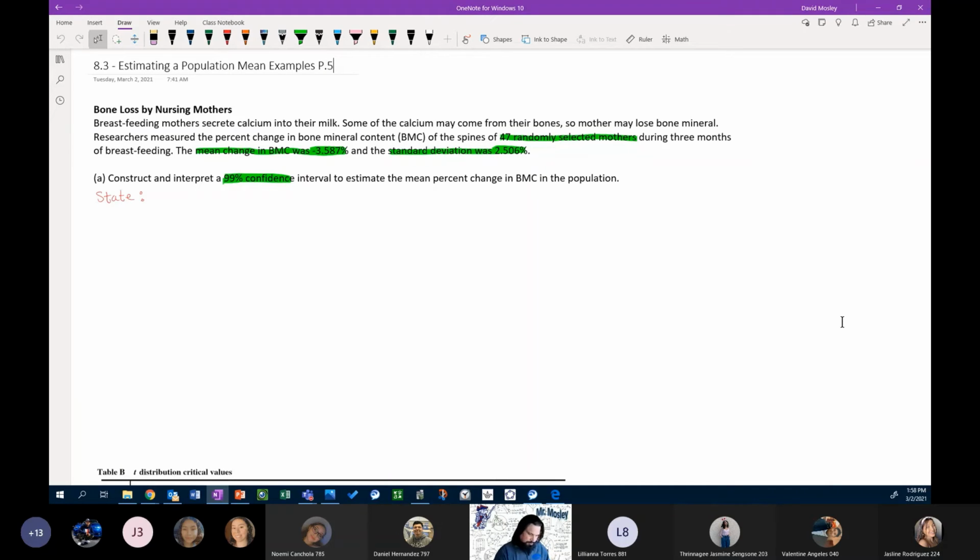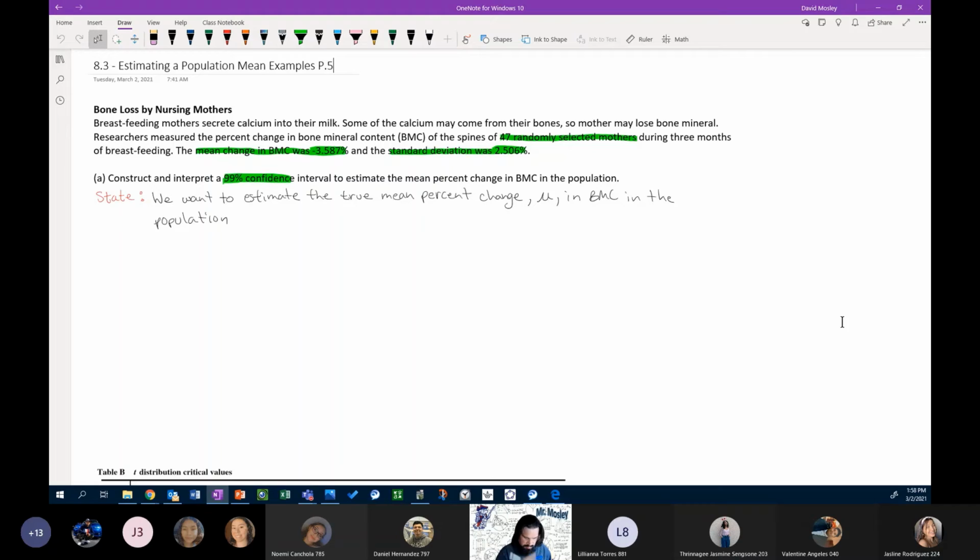We want to estimate the true mean percent change mu in BMC in the population.